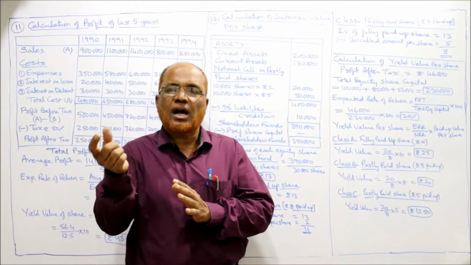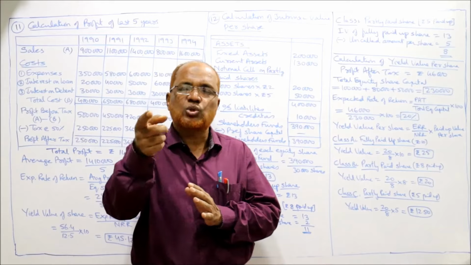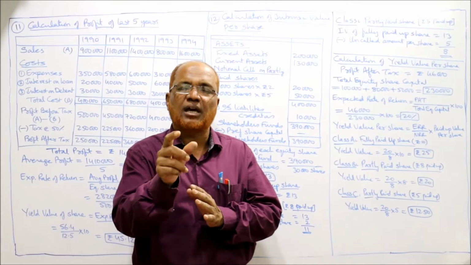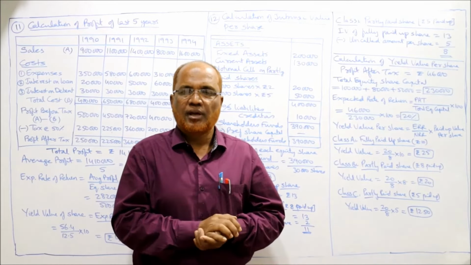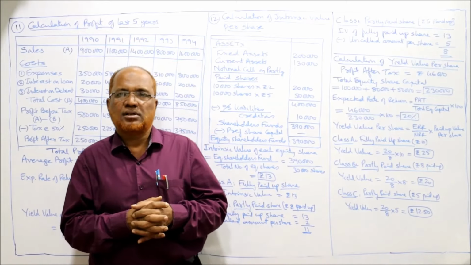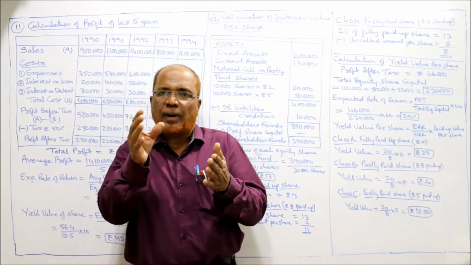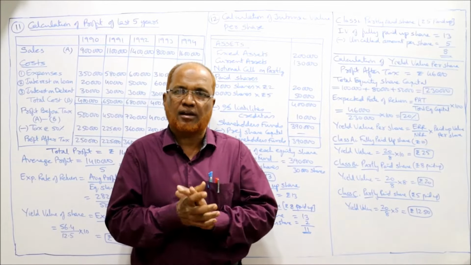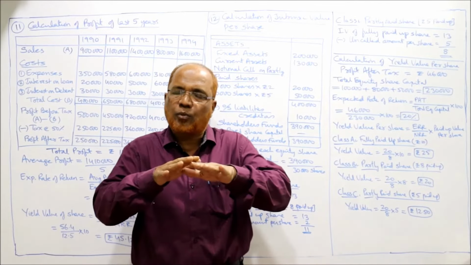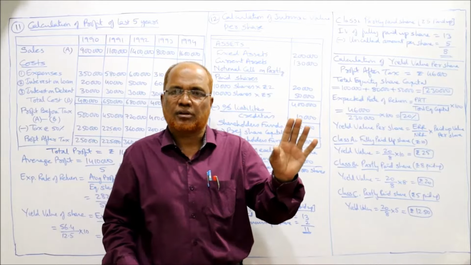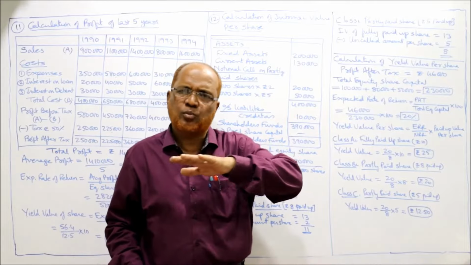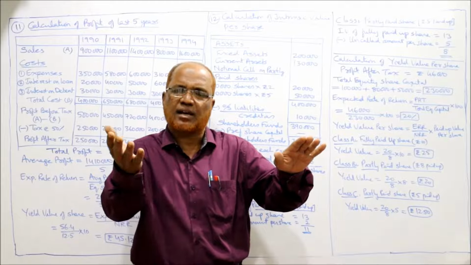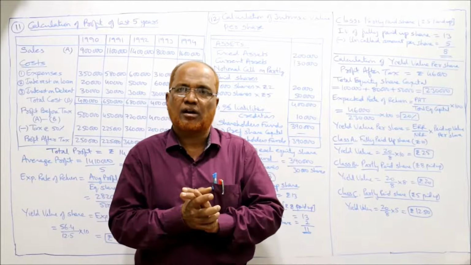First of all, we have to convert the partly paid shares into fully paid up shares by making a notional call. An imaginary call. Imagine that the partly paid shares are also converted to fully paid, the money has come in. Now all the shares are of one class, fully paid up shares. Class A, Class B, Class C are all fully paid up shares, because the money that was to come has also come. Assume this, right?